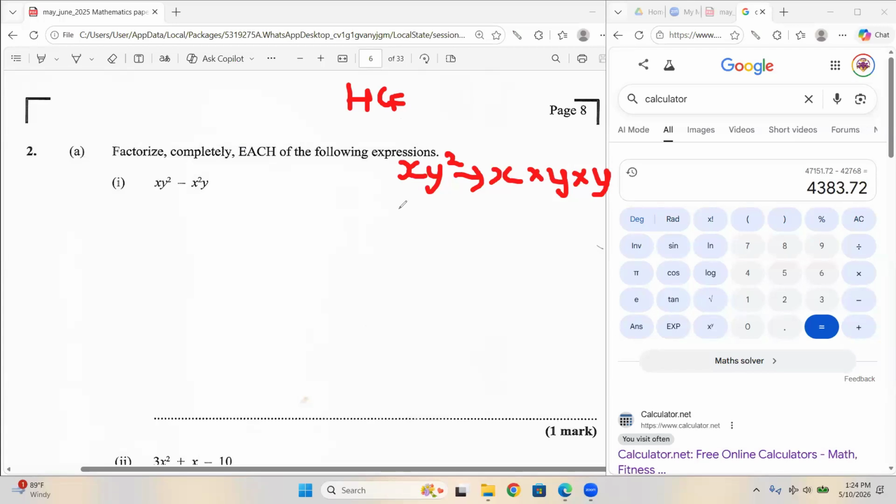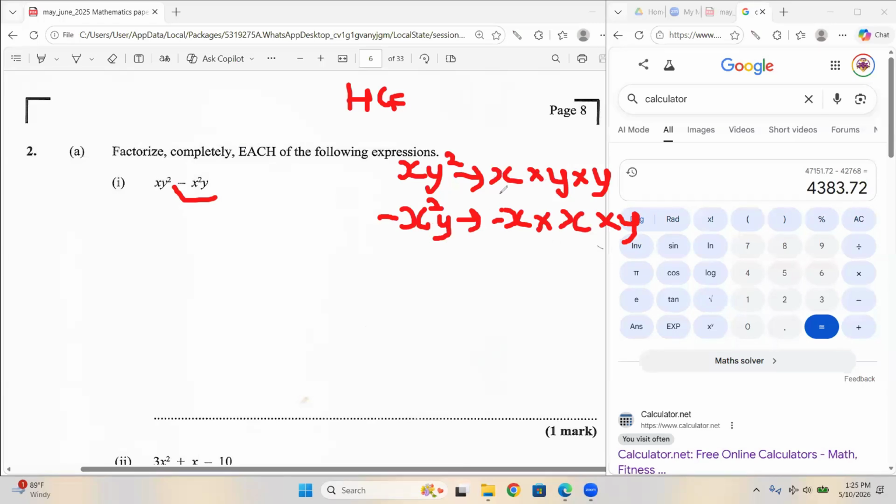And then we also have, I'll take the negative sign, definitely. So negative x squared y. This can be written as negative x by positive x by y. Now, what do they have in common, both of them?